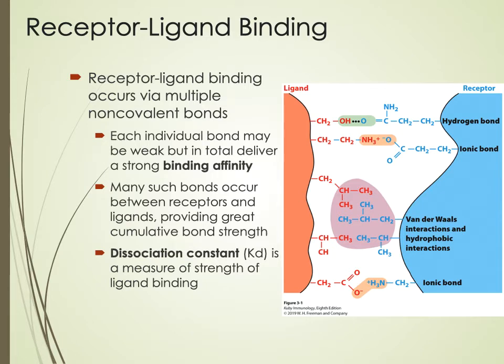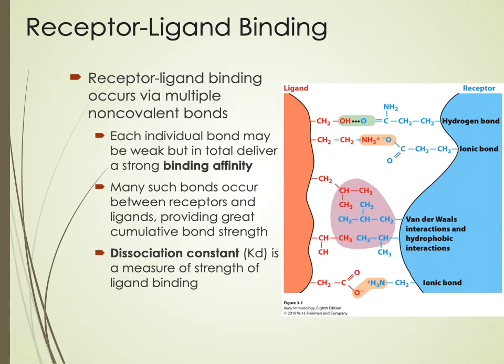There's a maturation of these receptors as the B cell and T cell mature. Some of this is by making little point mutations to the receptor so that it has a stronger affinity. So always the goal would be to have a stronger affinity to the ligand in the immune response.